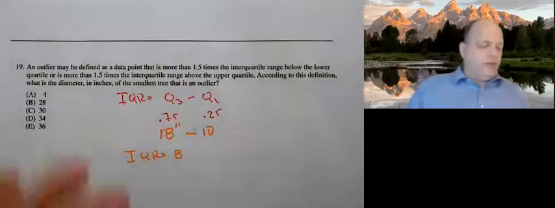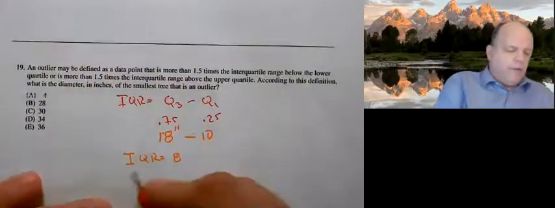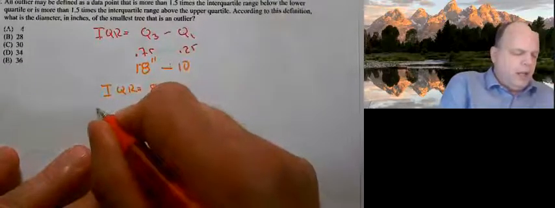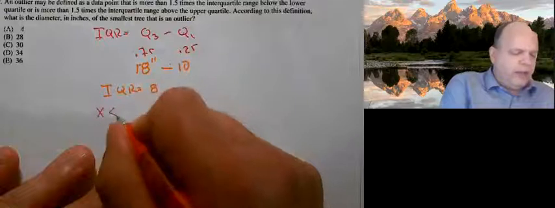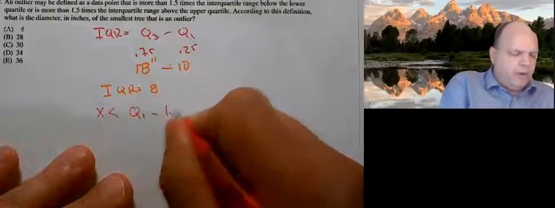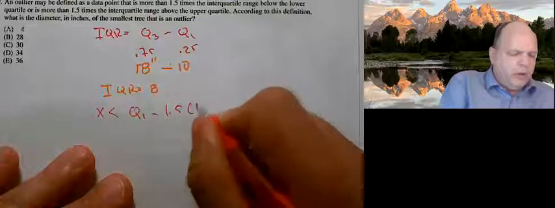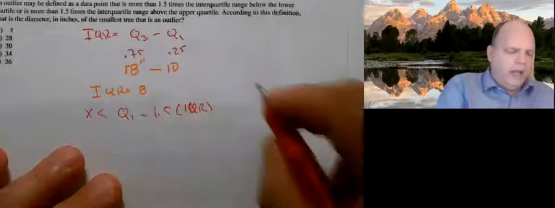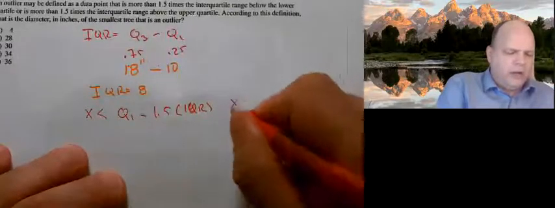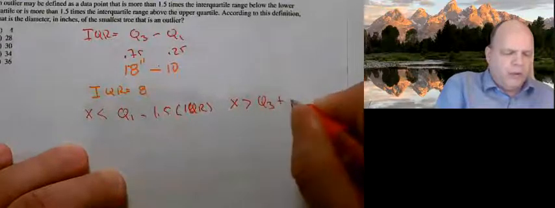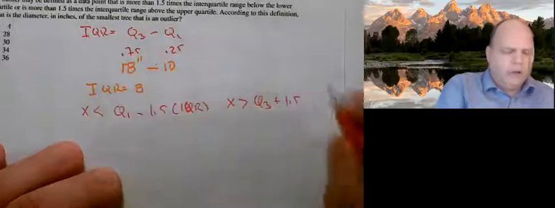Well, our fences, let's write our fence formulas. We have two fence formulas. X has to be less than Q1 minus 1.5 IQR, and X has to be greater than Q3 plus 1.5 IQR.